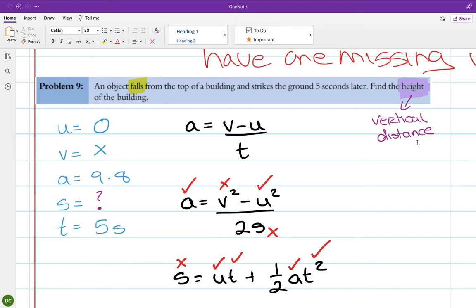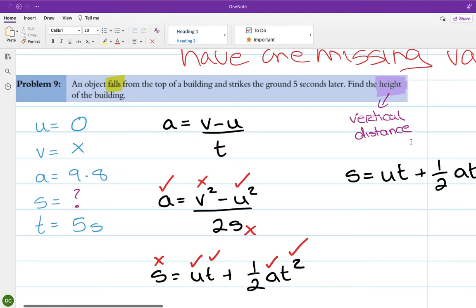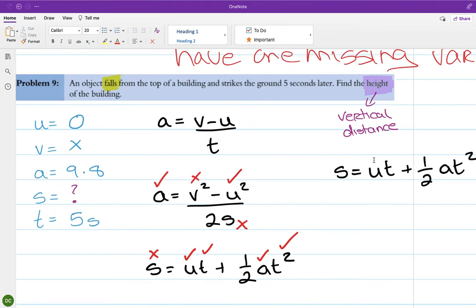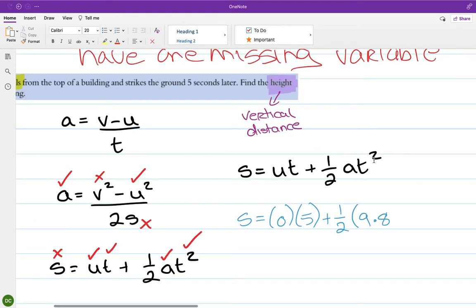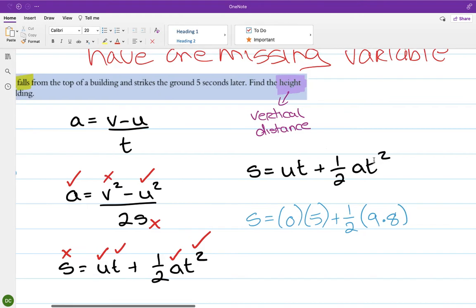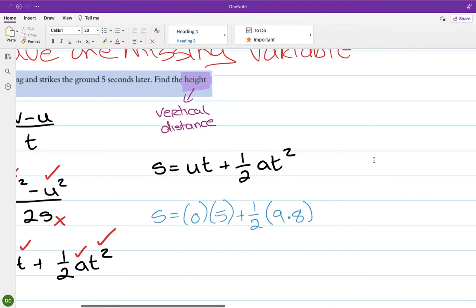Okay, so we've got our formula, which is great. Sometimes you have to use a combination of two formulas, but it's much easier if you don't have to. I'm just going to zoom out but try and keep the constants there. Okay, so S we don't know. U is 0, T is 5, plus a half is a half. A is 9.8. And T is 5 again.